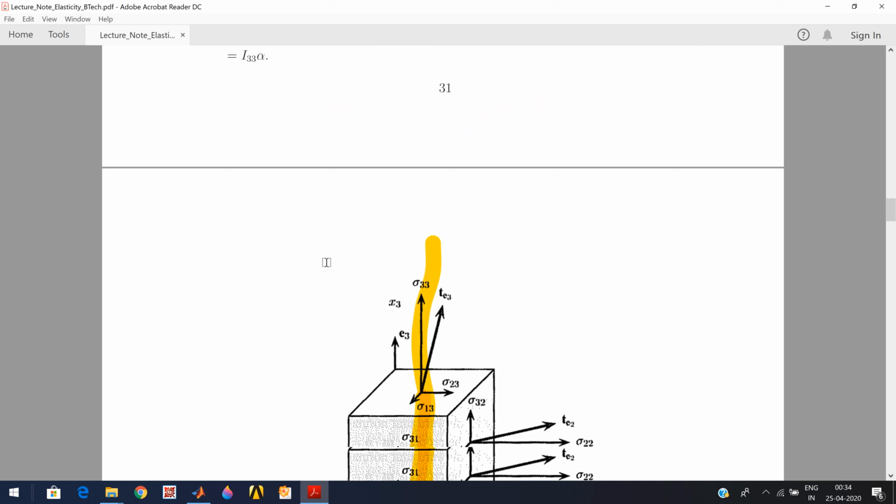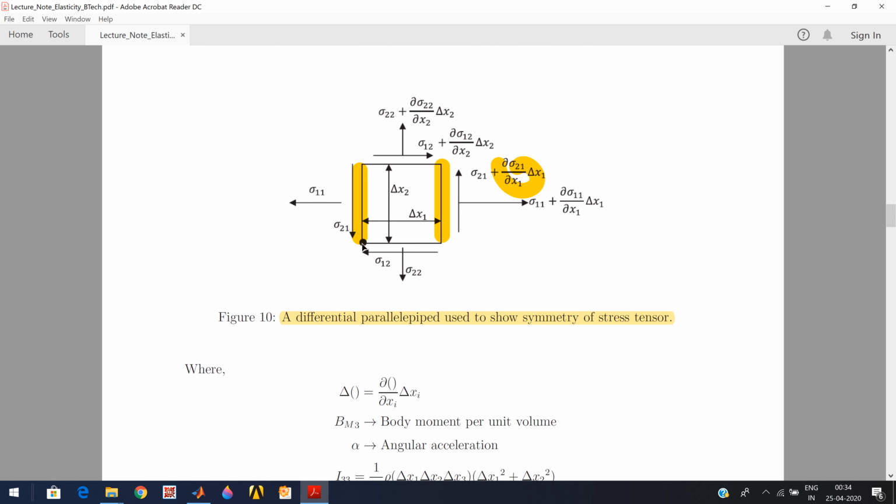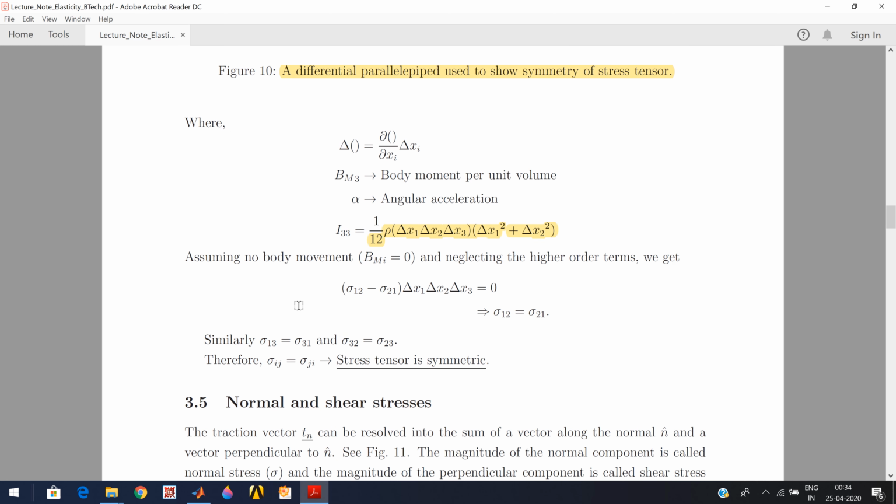Then we will see what I is here. I for a cuboid about the x3 axis is this one. You can refer to any textbook, you will find that.